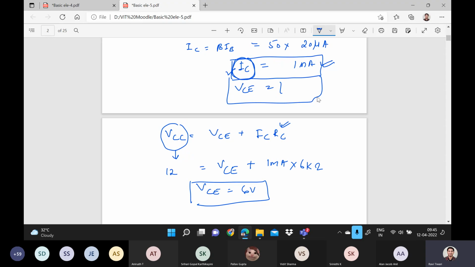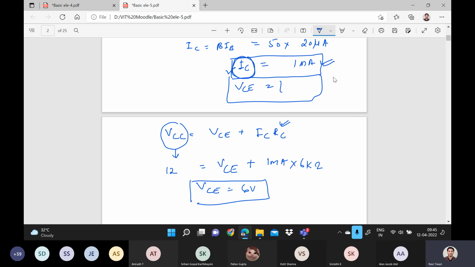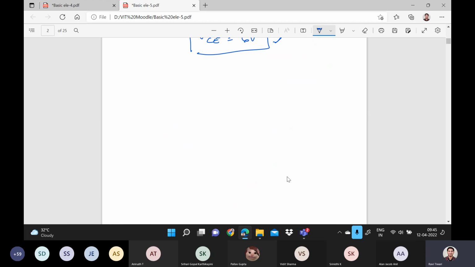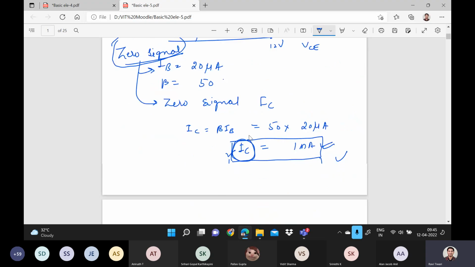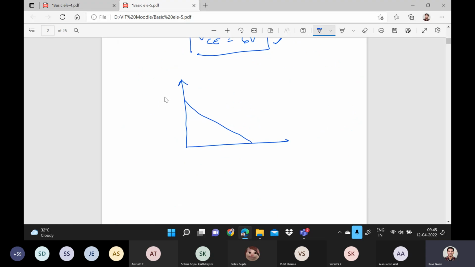So now we got the Q point: IC is equal to 1 milliamp and VCE is equal to 6 volts. We already drew the DC load line, where the values were 2 milliamperes and 12 volts. So this was the DC load line that we already drew.